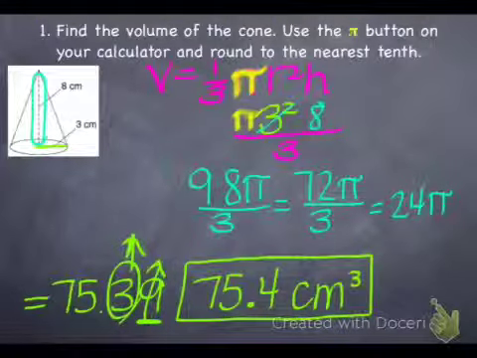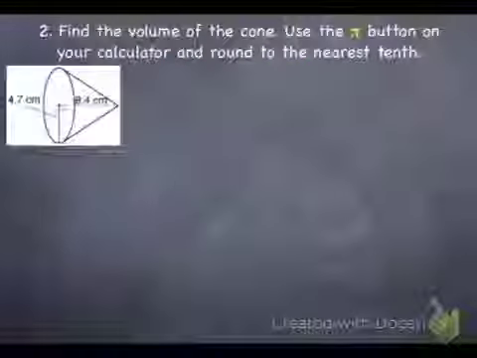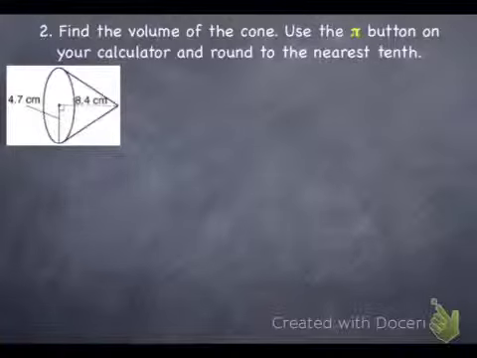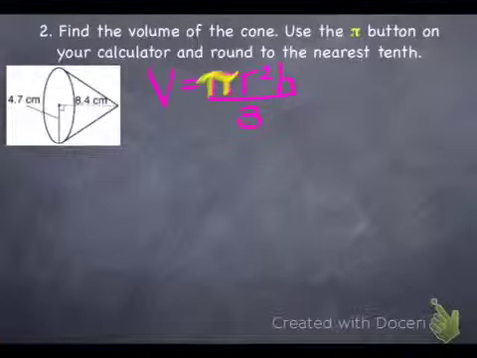Okay, let's do another one of these. Volume of a cone. So our formula is volume equals pi r squared height divided by 3. And again, saving pi for last. I know it's tempting not to, but this one's going to look a little tricky because our radius is this decimal over here.